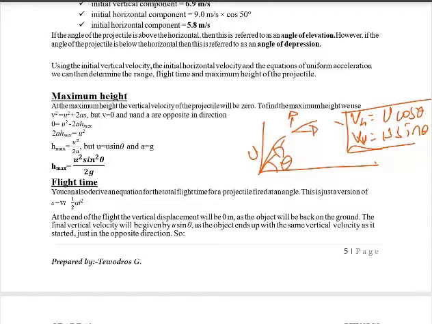And if you are asked to determine the time taken to reach h max, you are asked to calculate the half flight time. But if you are asked to determine the maximum height h max, you must use this equation. H max is equal to u square sin square theta over 2g. You can also see the derivation; it is expressed, therefore see this by yourself.